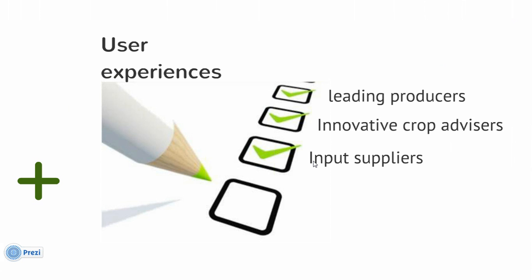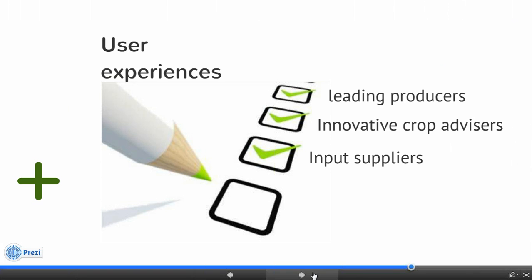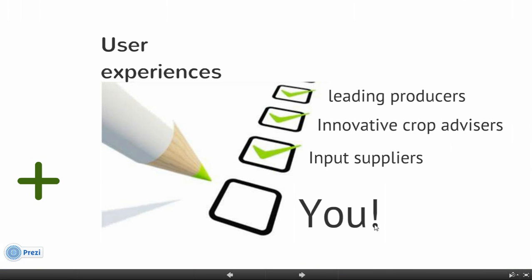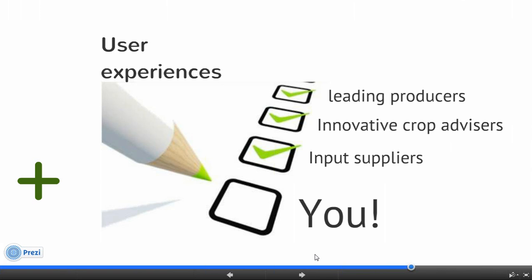So just by reviewing these user experiences, some of them hopefully will bring ideas, and also ideas from your side. That's why the last and most important is you to see where this technology fits in your picture.